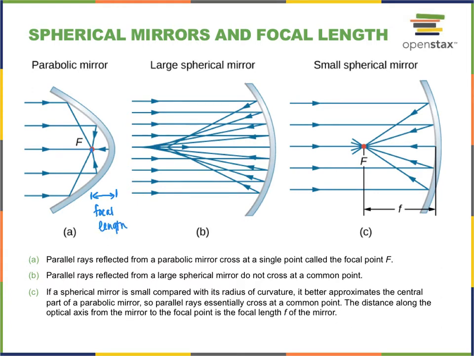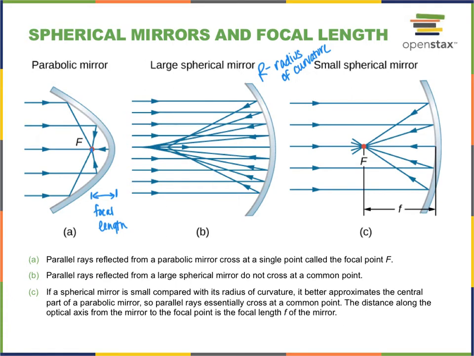They point out that in the middle picture, if you have a really large spherical mirror, and large would be considered by the R, which is the radius of curvature, that's basically, if it was a full sphere, what would its radius be? For a large spherical mirror with a large radius of curvature, the light rays don't intersect perfectly at a single point, so we don't like those.